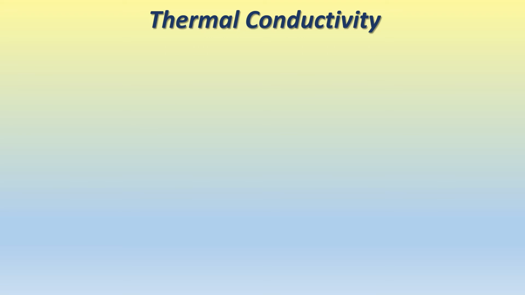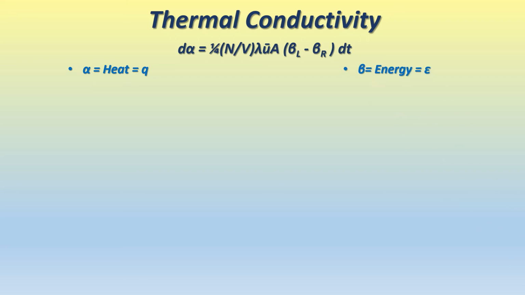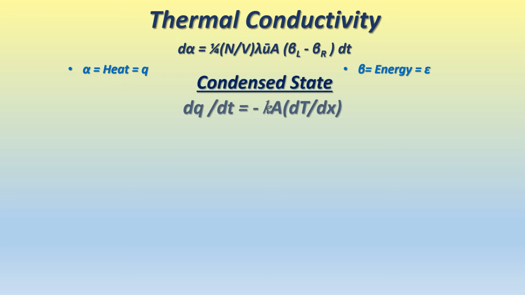The third transport property, thermal conductivity. From the kinetic theory, in this case, the alpha is the quantity or the quality that's being transferred across an energy gradient. If I look at the condensed state, dq/dt is going to be equal to minus some thermal conductivity constant times the area times a temperature gradient dT/dx.